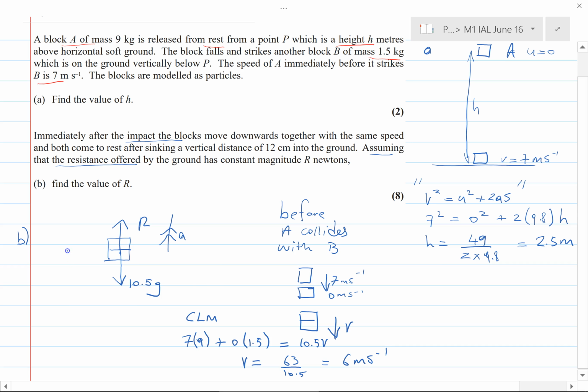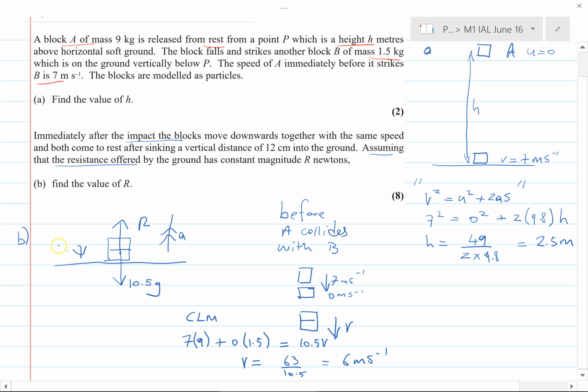So just at the point where this goes into the ground, the speed is actually 6 meters per second, not 7 as I originally said. So lots to think about with this question. So 6 meters per second.